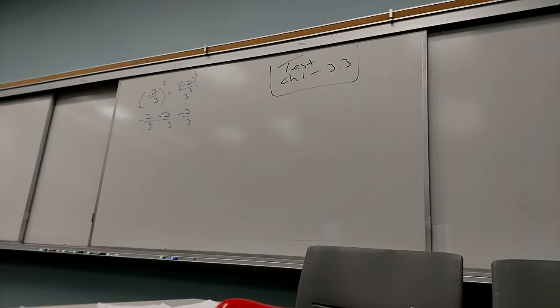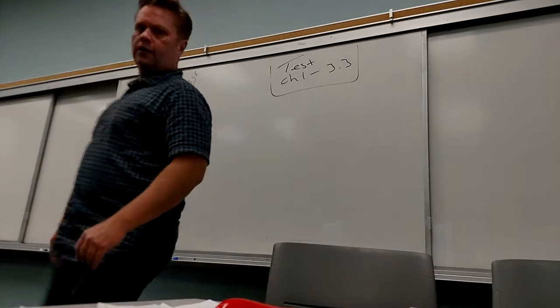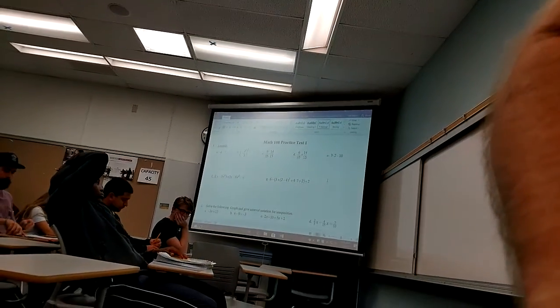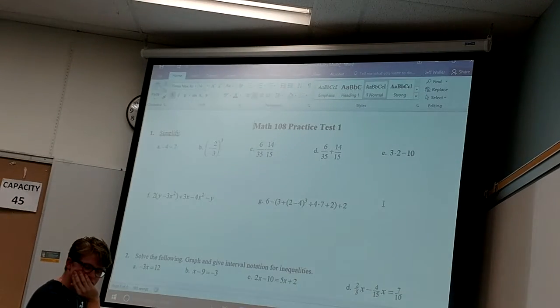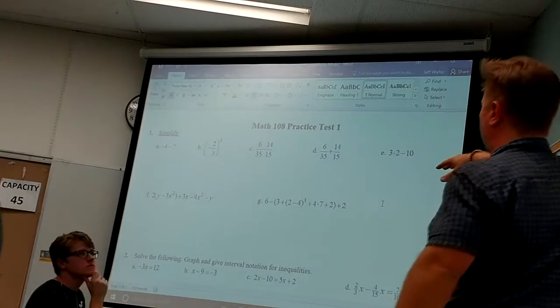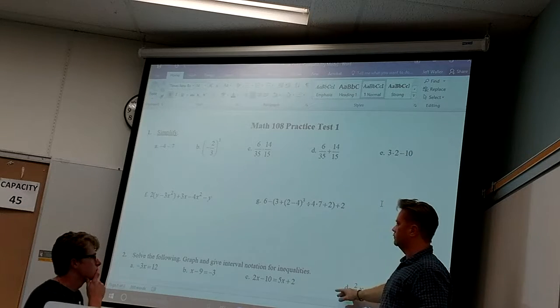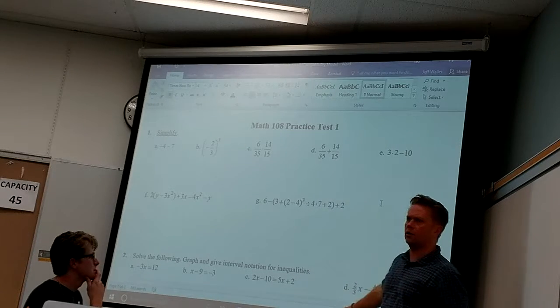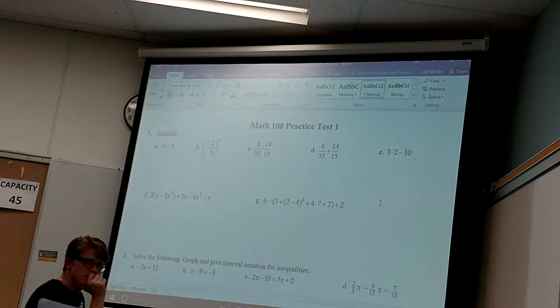So this whole first problem is really just from the review sections, right? It's got dealing with fractions, order of operations kind of stuff. So the first problem is basically chapter 1 review. And then we start getting at chapter 2 with solving equations, solving inequalities.